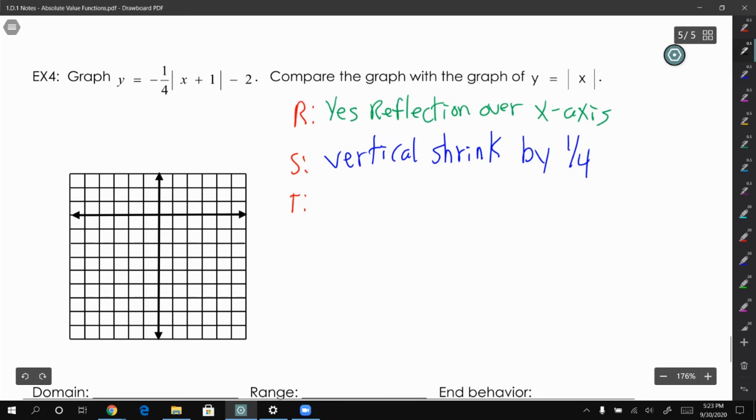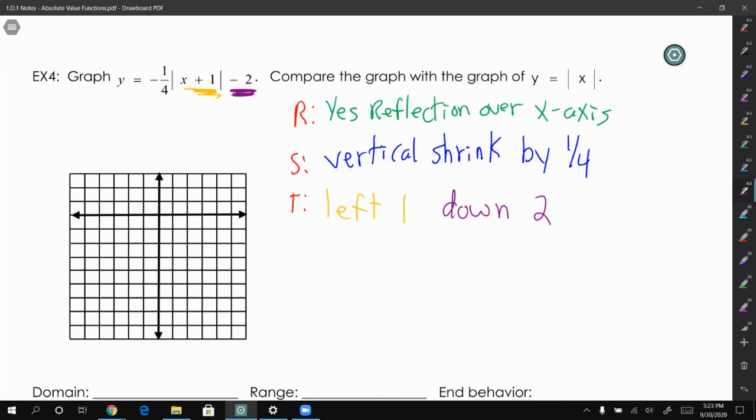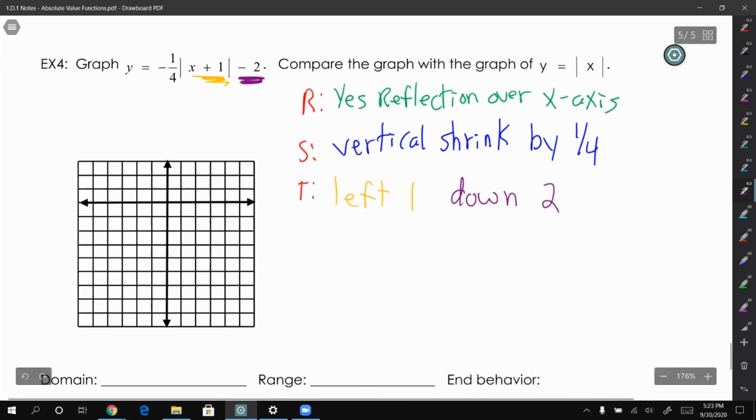In translation, we are translated left 1, because it says plus 1 on the inside. When the plus or minus is on the inside of the absolute value, it's the opposite direction of what the sign shows. But when the number's on the outside, like this negative 2, that means you're going down 2. You do what that sign says.